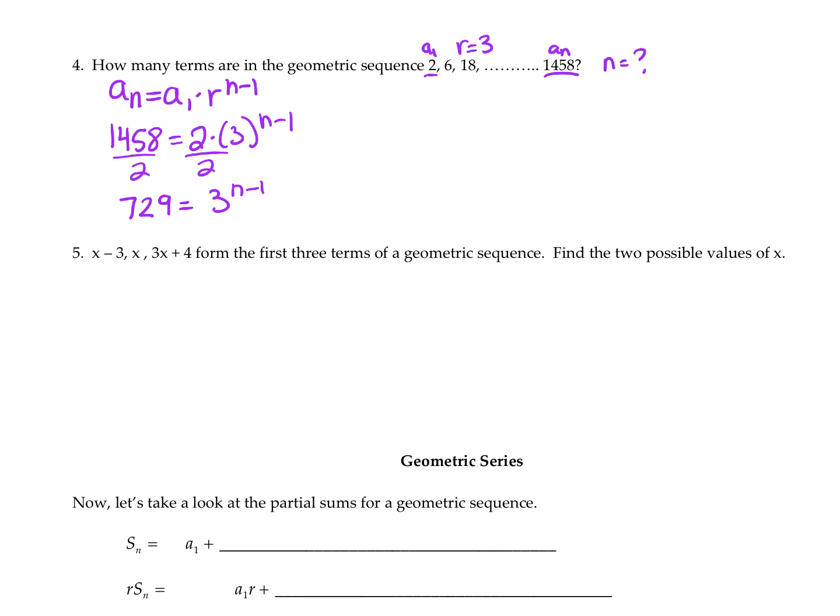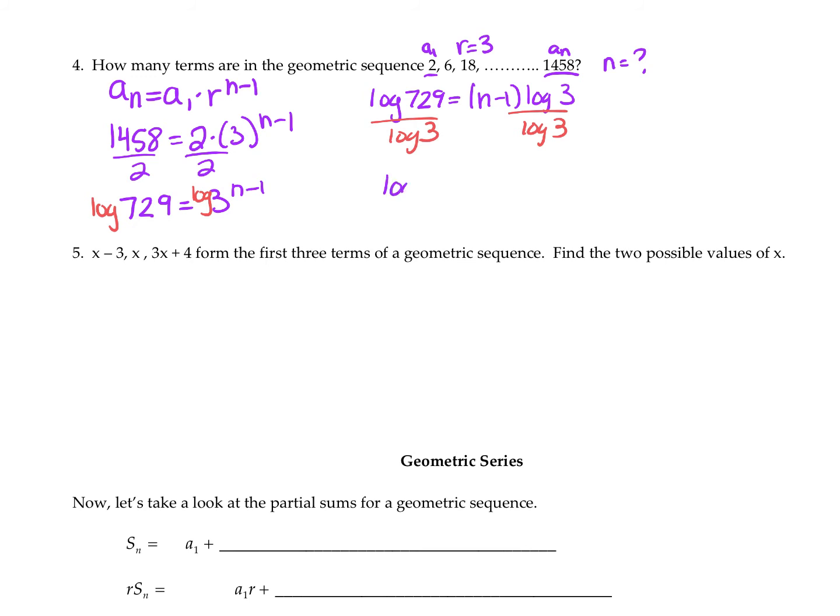Now, anytime we have a variable in our exponent, we're going to have to use logs. So I'm going to take the log of both sides. And so what that's going to do is I'm going to have log of 729 equals n minus 1 times the log of 3. I want to get this n minus 1 alone, so I'm going to divide by the log of 3.